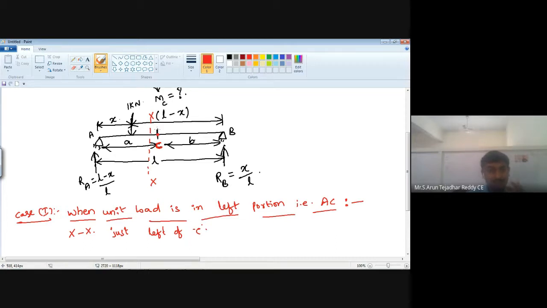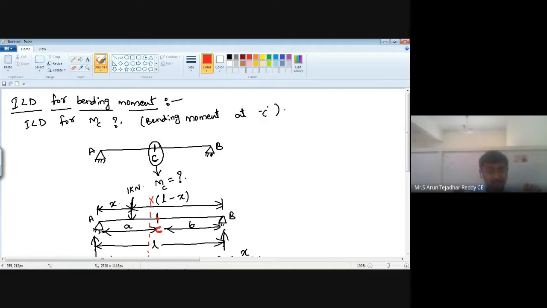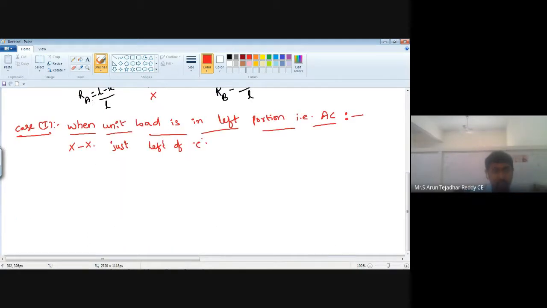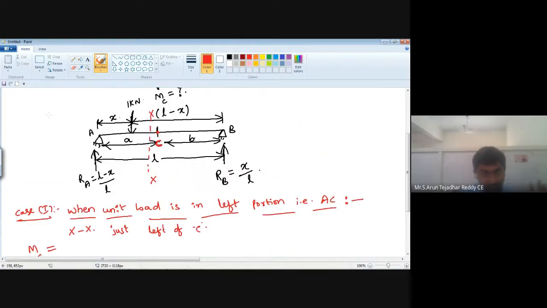Now, try to draw the free body diagram. Generally, a free body diagram is not required. It is a wastage of time. Just observe in this diagram only. Now, our question is ILD for MC. MC is equal to, it means consider moment about point C. Now, our section is XX, so you need to observe only the left of section XX.